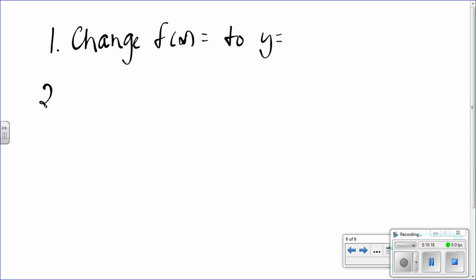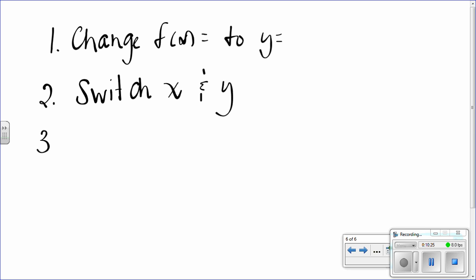Because the second step is to switch x and y. So everywhere you see an x, you write a y, and everywhere you see y, you write an x.